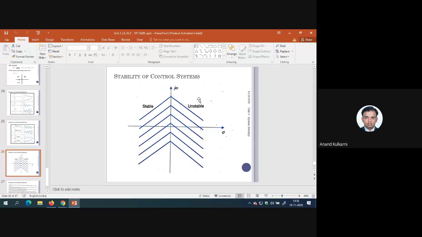CDC Cyber, which was there in IIT Delhi and IIT Bombay, used to take 7 or 8 hours to solve one simple fourth or fifth order equation. So in those days, it was practically difficult.